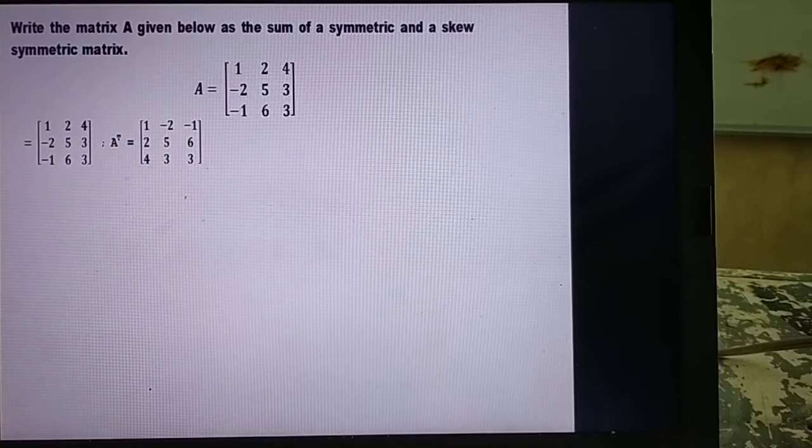Okay, let us write the matrix A given below as the sum of a symmetric and a skew symmetric matrix. So the original matrix is this one.